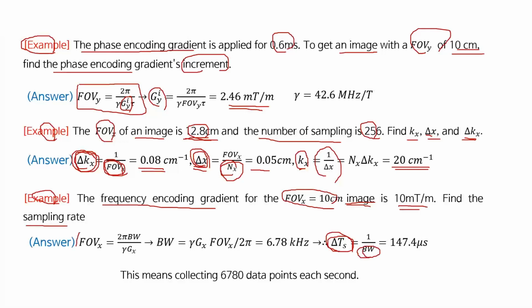So from this relationship, we can have the bandwidth, this one, so we can have the sampling time. This value means 1 over delta Ts, the sampling rate, right?